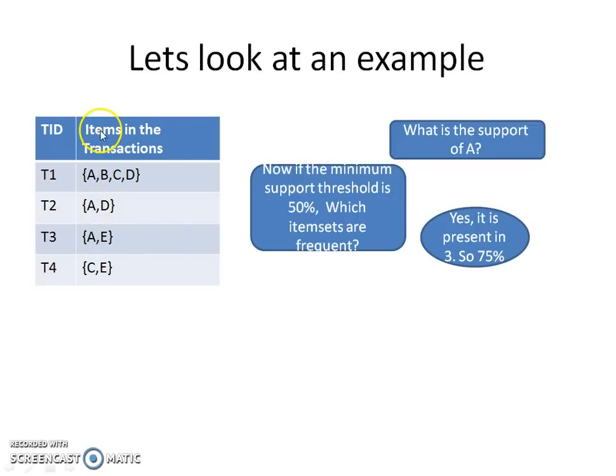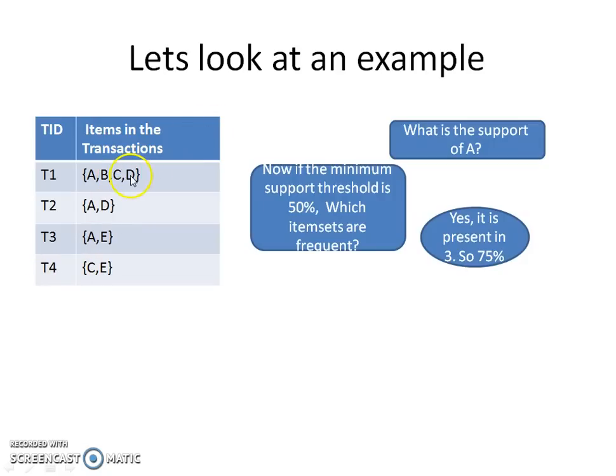A is occurring in 3 transactions, so 3 by 4. B is occurring in how many transactions? In only 1 transaction. So, the support is 25%. C is occurring in 2 transactions, namely T1 and T4.